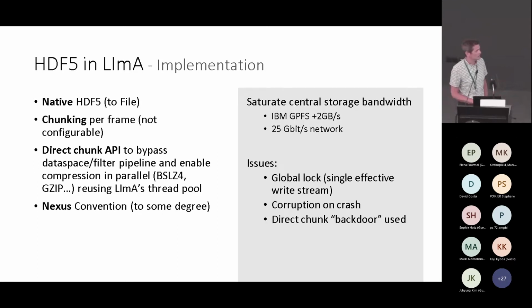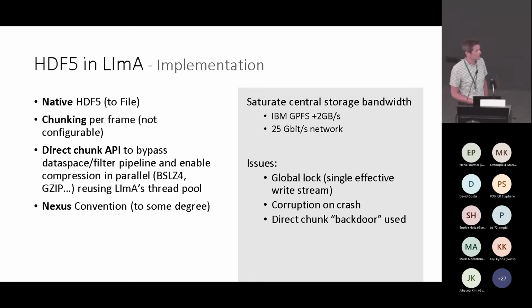The current implementation in LImA is, I would say, pretty basic. We use the native HDF5. That means we write to file. Nothing fancy like John presented this morning. We are not using object storage or things like that. We chunk the data per frame, and it's not even configurable.